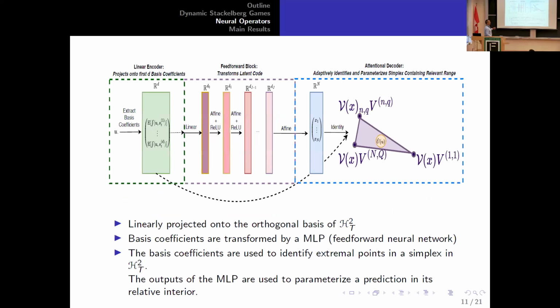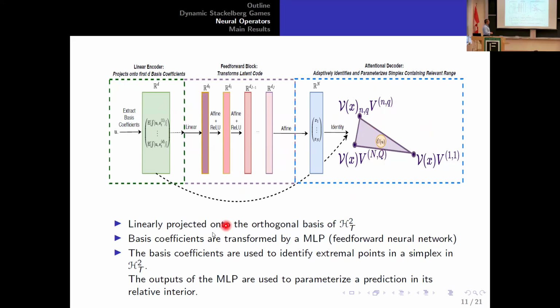And here is a flow chart of the attentional neural network, to illustrate how it works. The first step is to project the input U onto a finite dimensional subspace of H2 space. The second step is to be transformed by the neural networks. And the third step is a decoder step that gives the output.